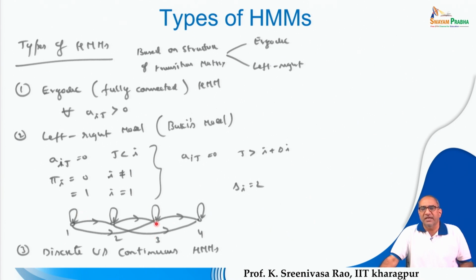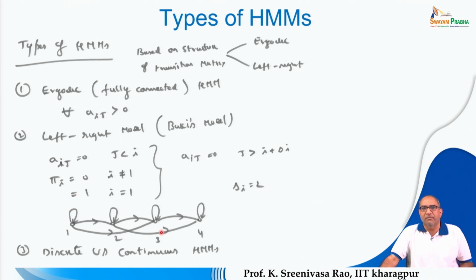That means here the states will not go backward, only in the forward direction, or it will be in the self transition, it cannot go backward. So that way Aij equals 0 for j less than i, right. And then coming to the initial state, the system should start from the initial state.